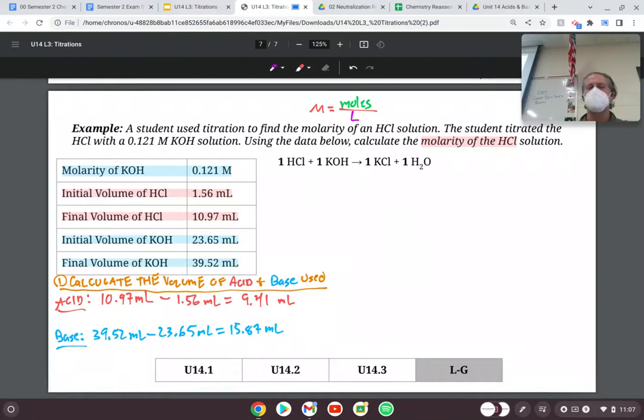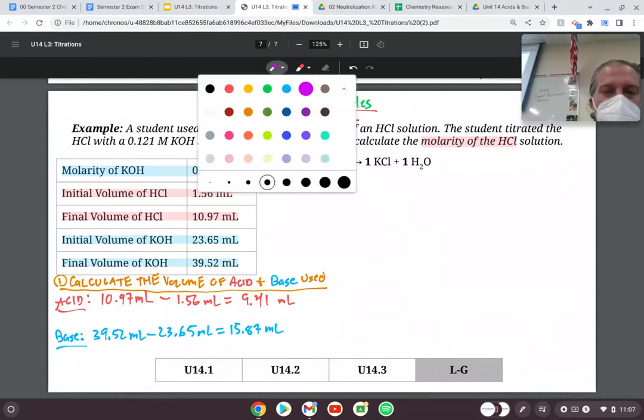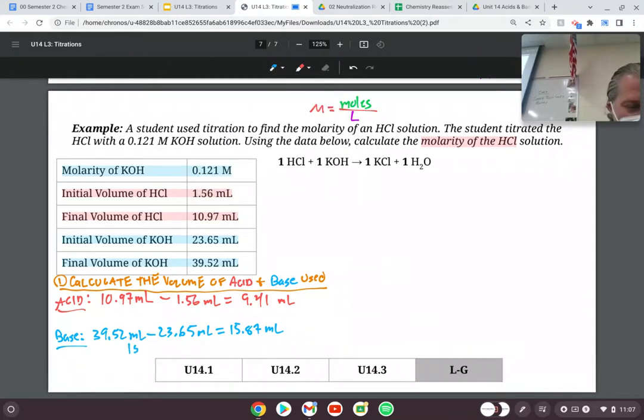So I can't just plug 15.87 into the molarity formula as it is. I have to convert it to liters first. I'm going to do that for both the acid and the base. So 15.87 milliliters times 1 liter over 1,000 milliliters gives me 0.01587 liters.